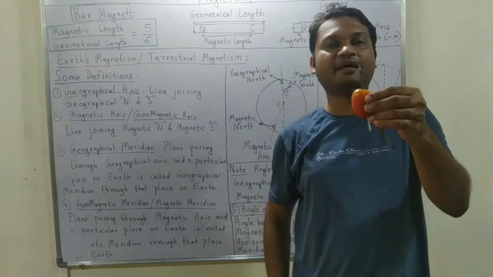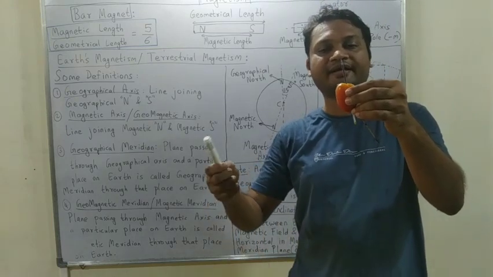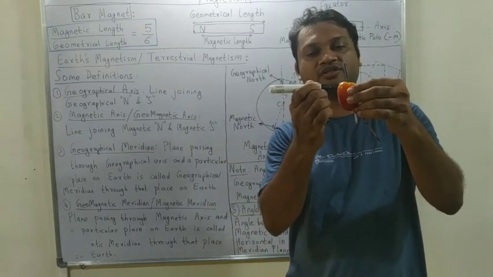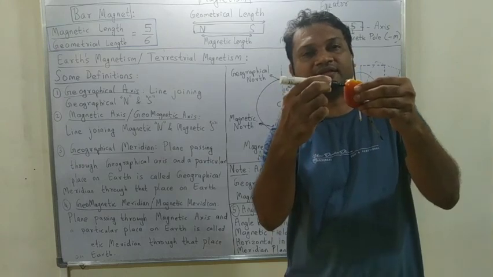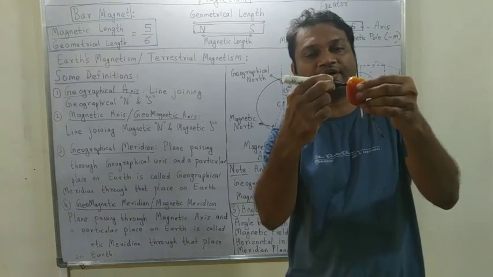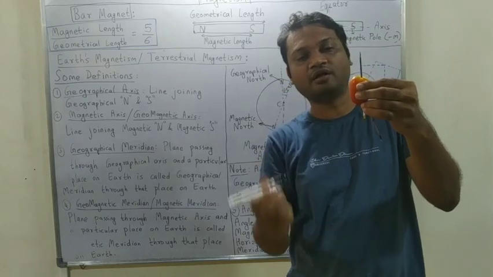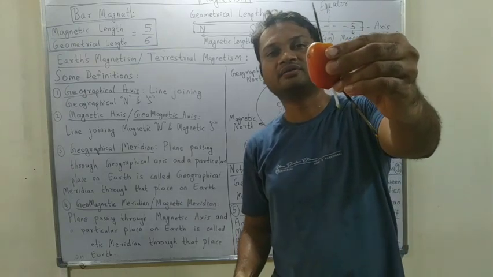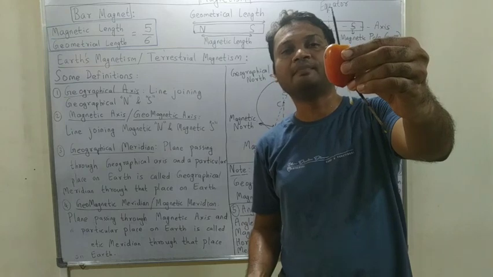Now, if we take a particular place on Earth, suppose this is the place on Earth. This can be anything, your city, your town, whatever. So this is one particular place on Earth, which I have shown by this dot of the marker.